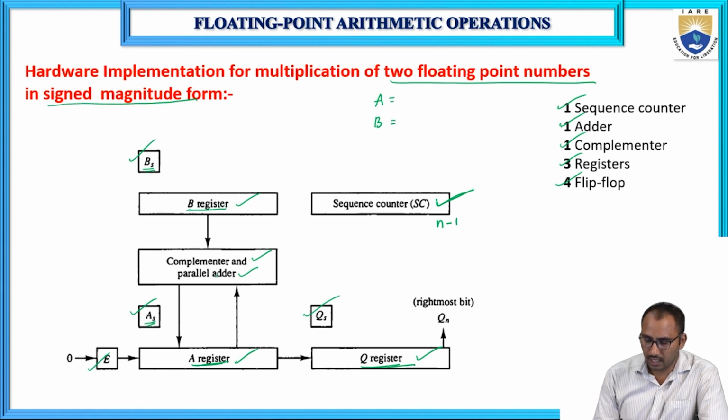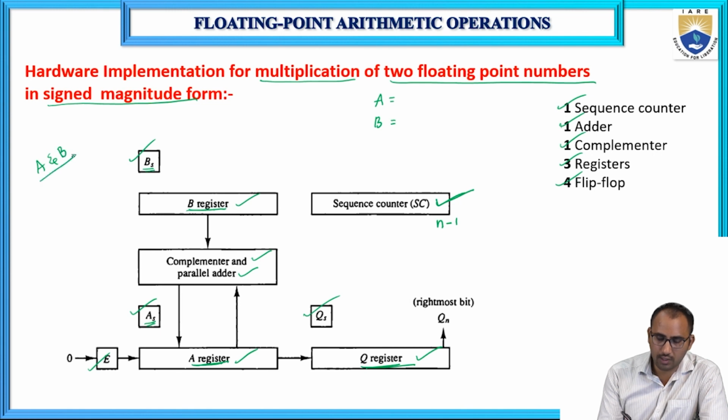It is the complementer and adder, and the A register. So here we are multiplying two numbers, that means A and B, and the result will be stored in this A and Q.